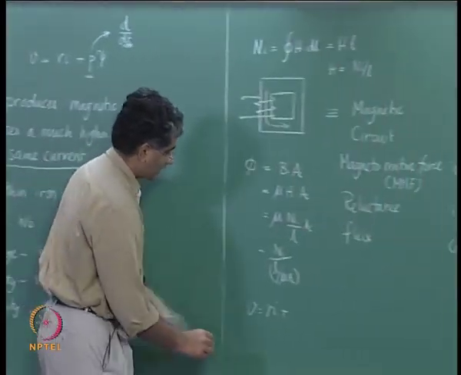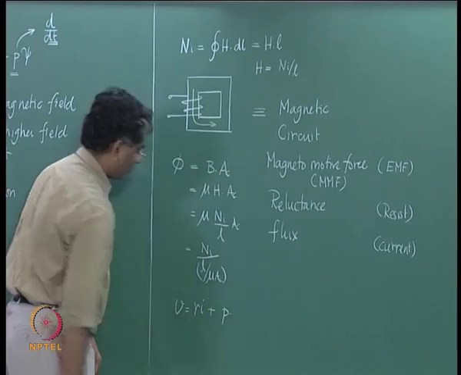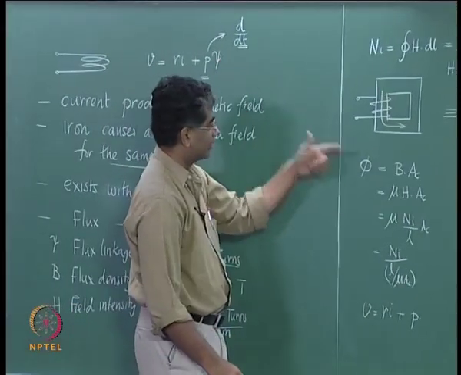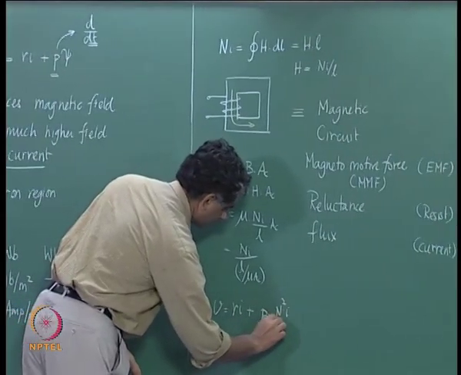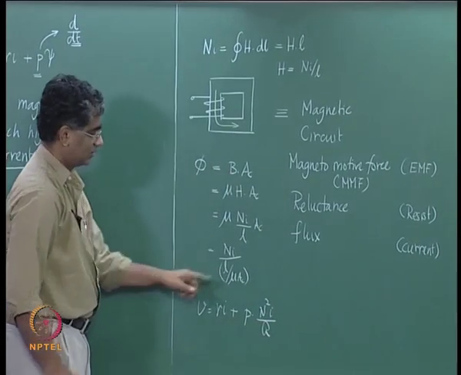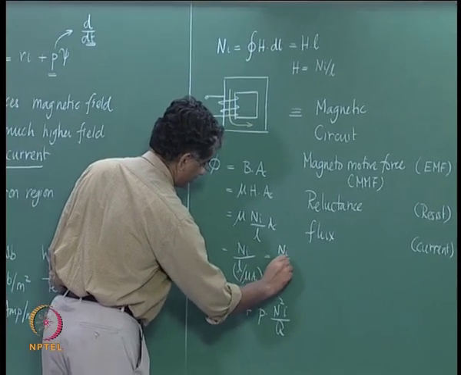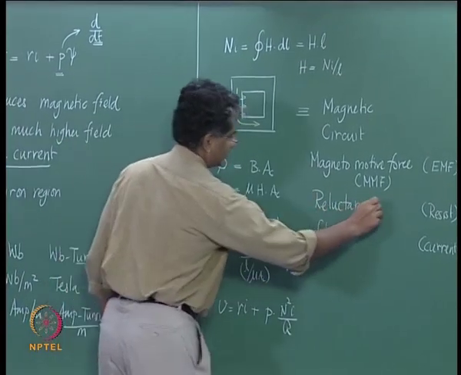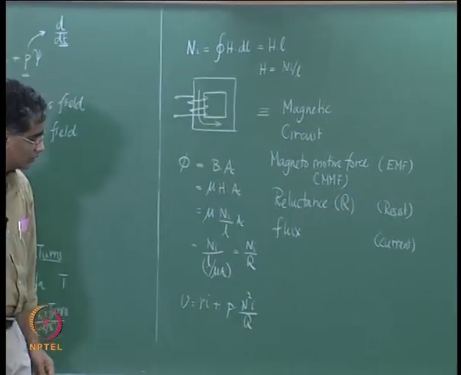So V equals Ri plus P of psi, which is nothing but n times phi, so n squared I divided by the reluctance R. So I will call this Ni divided by the reluctance R. The reluctance I am giving the symbol R, right.